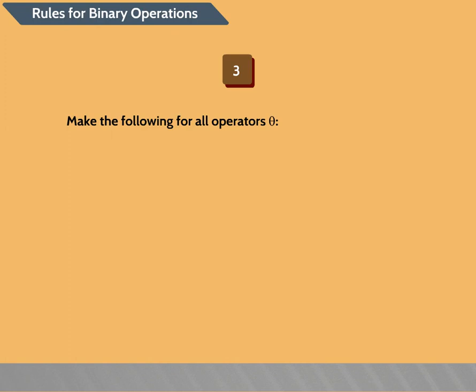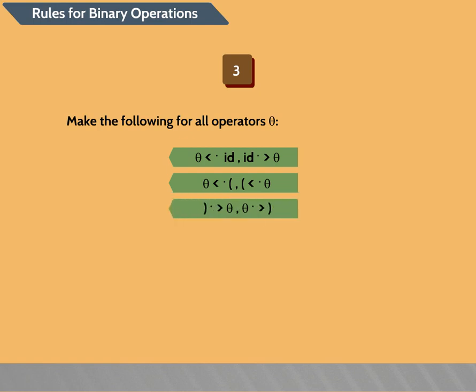Make the following for all operators theta. Theta ⋖ id, id ⋗ theta. Theta ⋖ (, ) ⋗ theta. Theta ⋗ $, $ ⋖ theta.